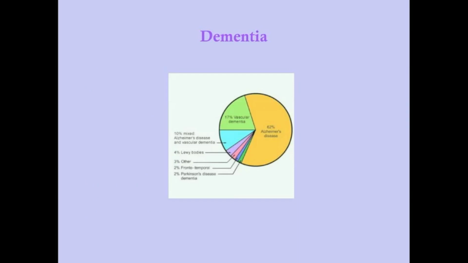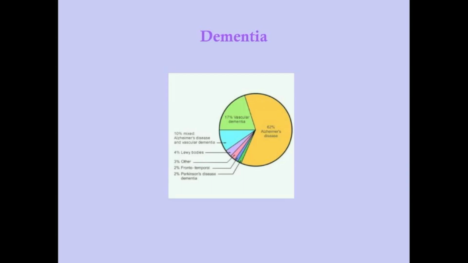So, like I mentioned, almost 80% of dementia is caused by either Alzheimer's or vascular dementia. You can probably imagine that there are going to be patients who have Alzheimer's who also have risk factors and therefore probably symptoms for vascular dementia. So 10% of patients are actually going to have mixed Alzheimer's and vascular dementia.